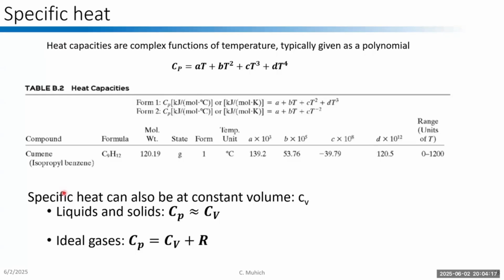You'd allow the volume to change so that the pressure inside remains constant. In liquids and solids, the heat capacity at constant pressure and the heat capacity at constant volume are approximately equal. For an ideal gas, the heat capacity at constant pressure and constant volume can be related by this inclusion of R, our universal gas constant.